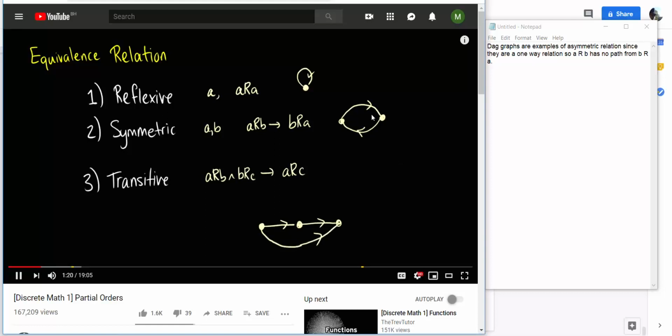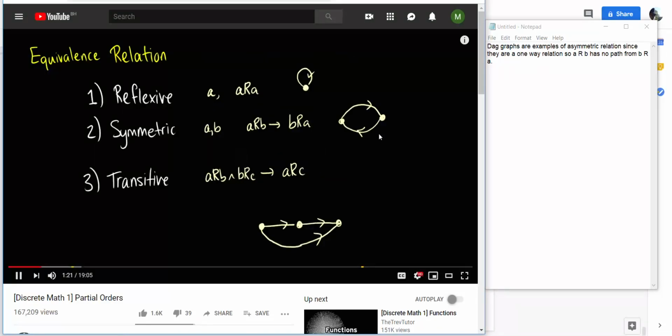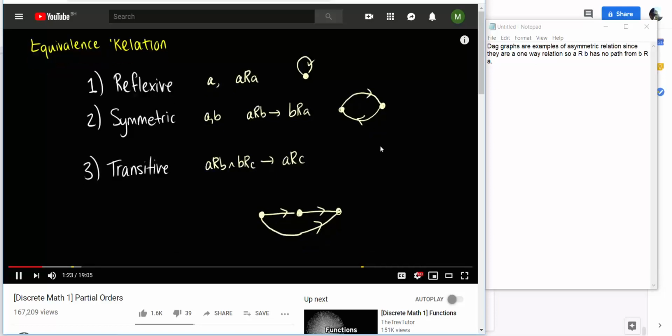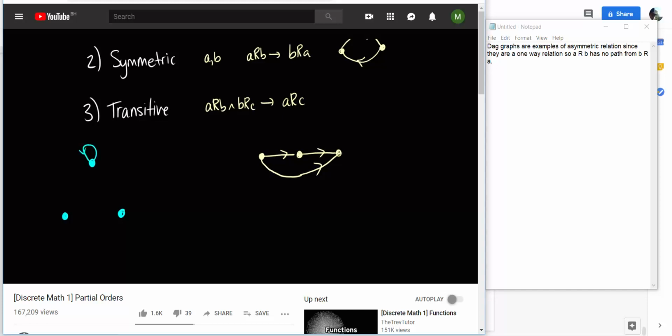So when we put the three together, let's say we have 3 elements, so we have these 3 here. Well, they all have to be related to themselves, so we get some nice reflexive arrows here.